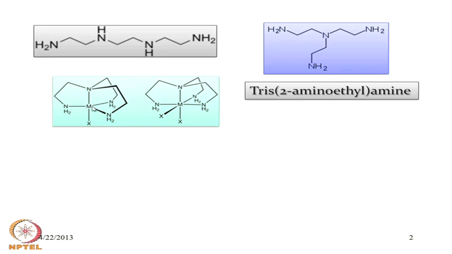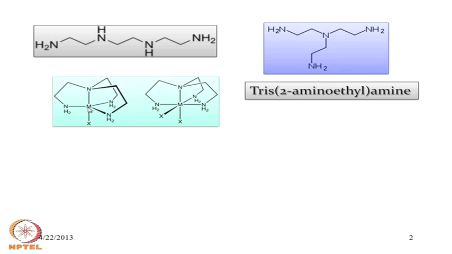If this metal center is copper and copper chloride is reacting in this fashion, we can have only one copper-chlorine bond, and all other 4 positions are occupied by the nitrogen donor atoms of the amine. So, we basically get a coordination number of 5 around the metal center, which is copper, and the charge is neutralized if there is only one copper-chlorine bond.